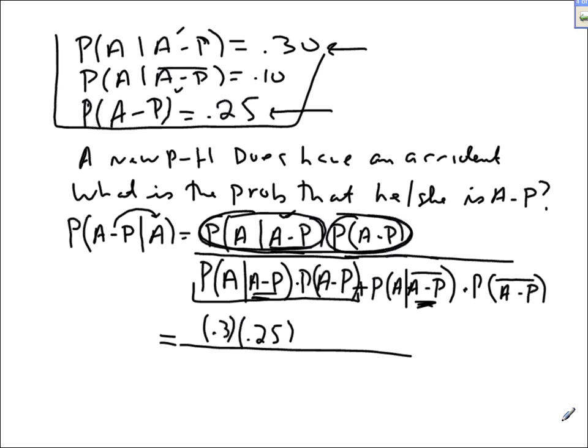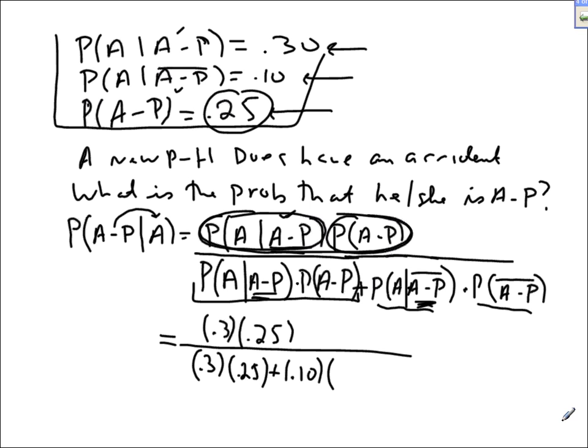It's exactly the same: 0.3 times 0.25, plus the probability of having an accident given that you're not accident prone, that's 10%, times the probability of not being accident prone. Well, 25% of the population is accident prone, so 0.75 are not.